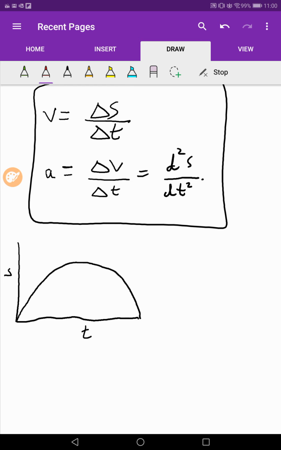This at the top here would be its max height. And that would be fairly simple.